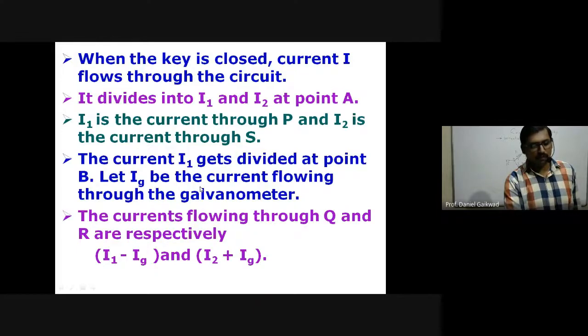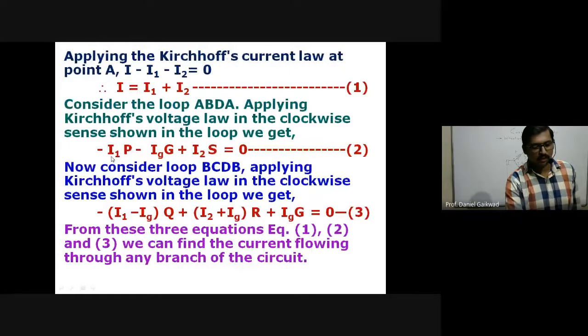That is the second equation. Check carefully: minus I1P, minus IgG, plus I2S, equal to 0. This is for the loop ABDA.